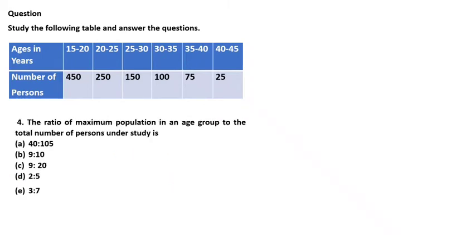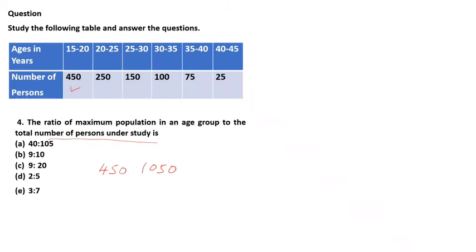The ratio of the maximum population in an age group to the total persons under study. The total number of persons under study is 1050, that we have already seen. And the maximum population in an age group is 450, that is in the age group 15 to 20. So 450 is the maximum population in one age group, and the total is 1050.